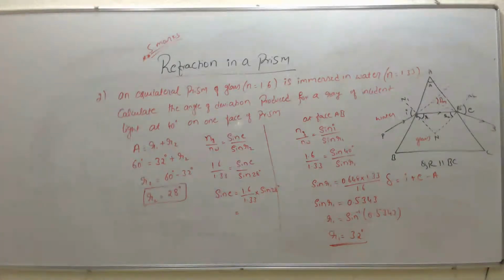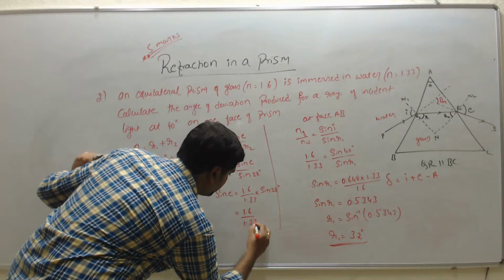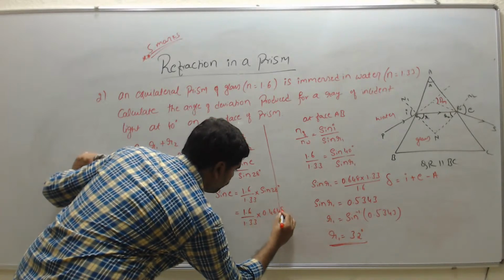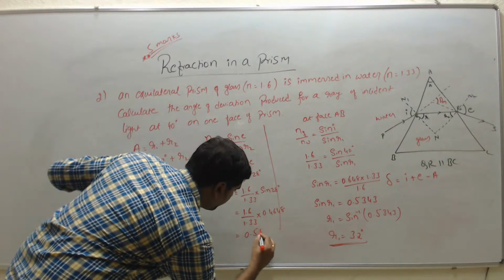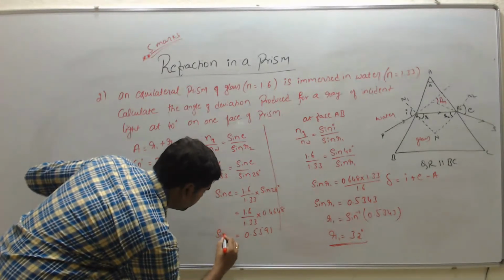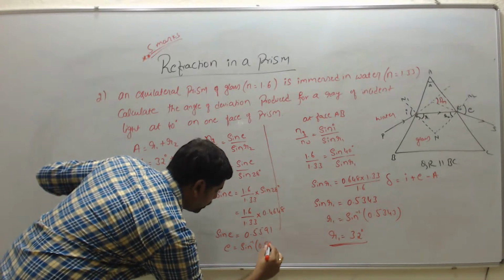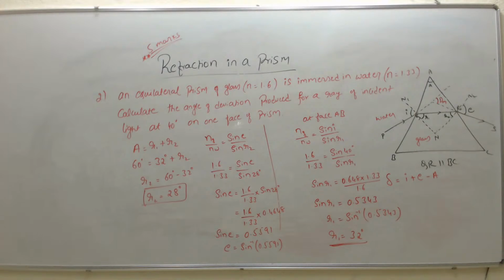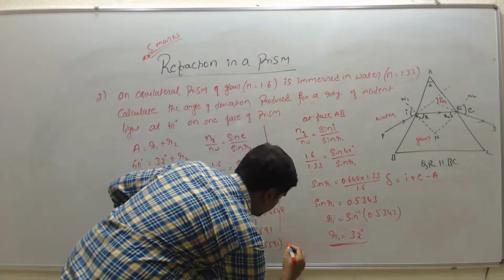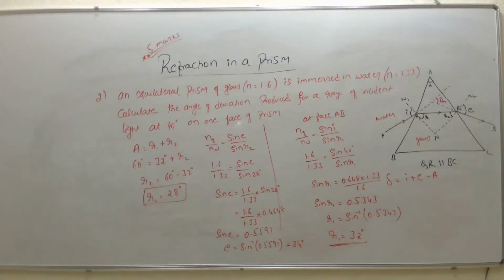Sine 28 degrees is 0.4648. Simplifying 1.6 divided by 1.33 into 0.4648, we get 0.5591. Sine E equals 0.5591, so the angle of emergence E is approximately equal to 34 degrees.